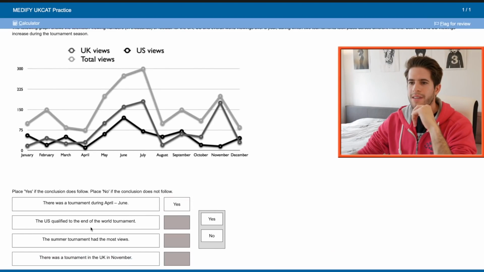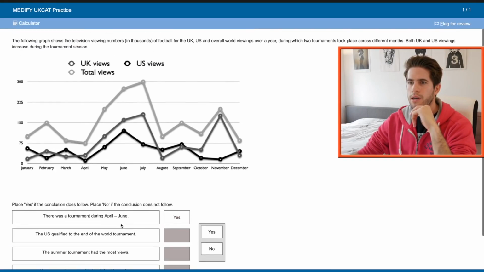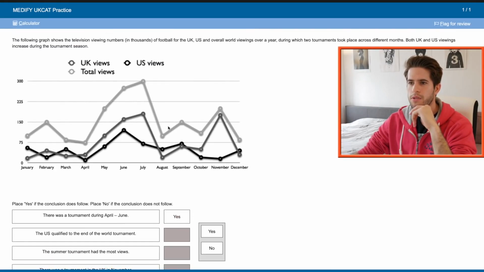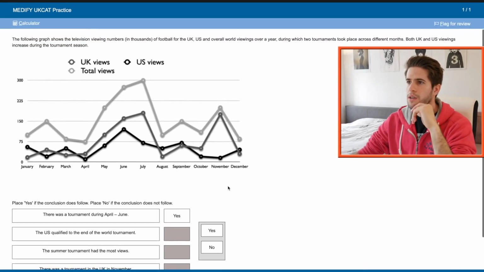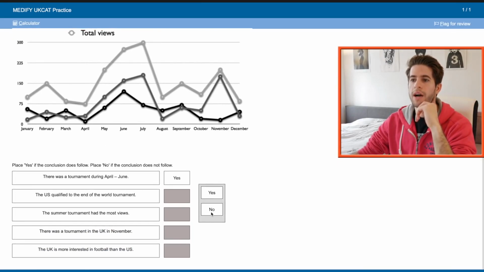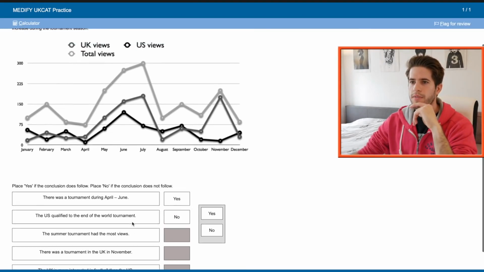The US qualified to the end of the World Tournament. I don't think there's any way for us to know that. We don't even know when the end of the tournament is, so we don't have enough information to follow that conclusion.